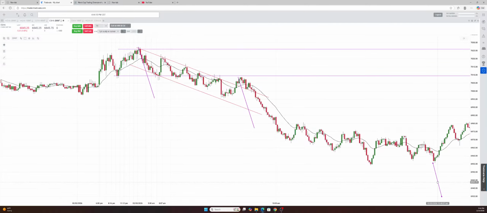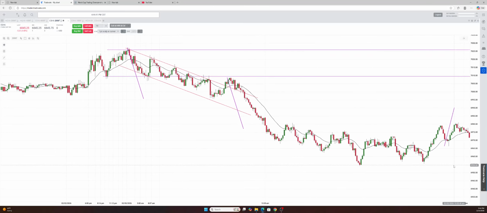Although I will probably have drawn something like this, just as something to keep my eye on as a target for a measured move. Because if we got up to this measured move and we were far enough away from the CMA and we created a lower high or maybe even something like this, then I'd be interested in taking a short then.